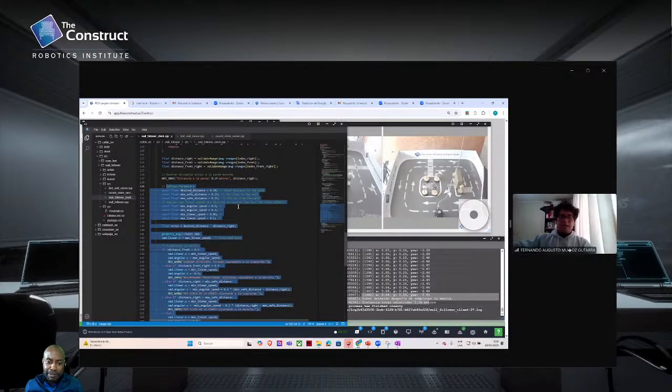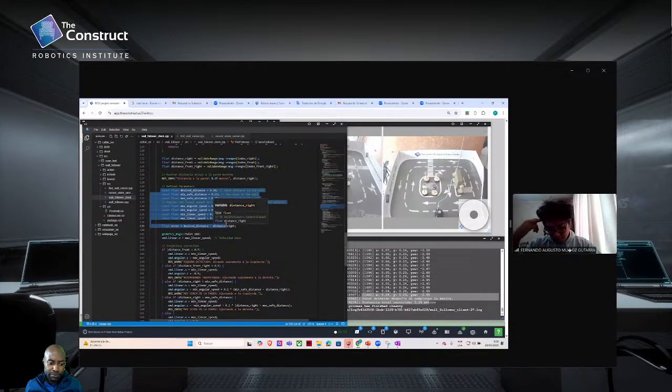Well, in this part of the code I tried a lot of things, a lot of routes to put the robot.